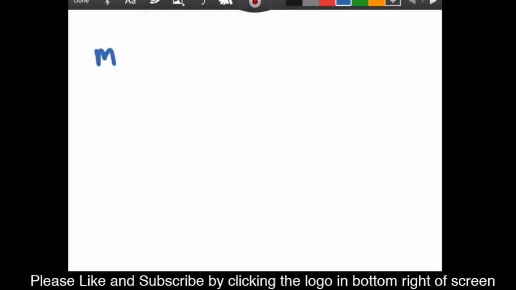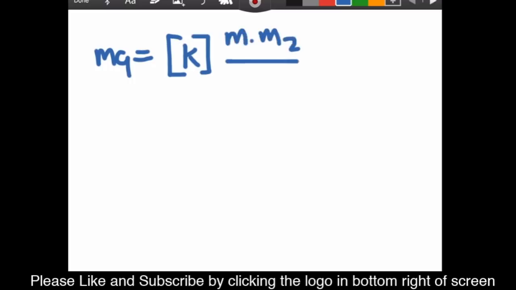So here's our original. We're just going to call it K for the moment. Mass 1, mass 2, distance squared. So what we'd like to do perhaps is isolate what that is. So what we're going to do is leave mass times gravity on this side of the equation.